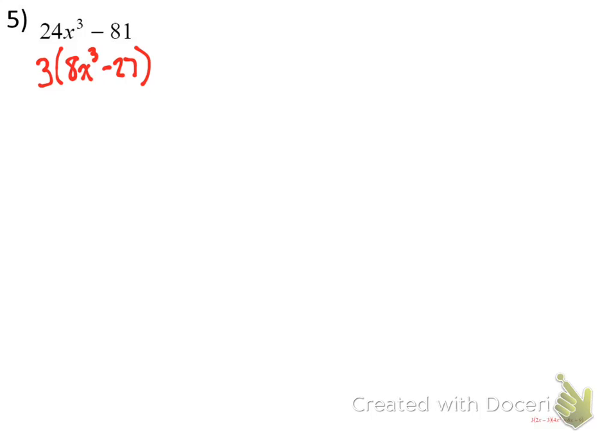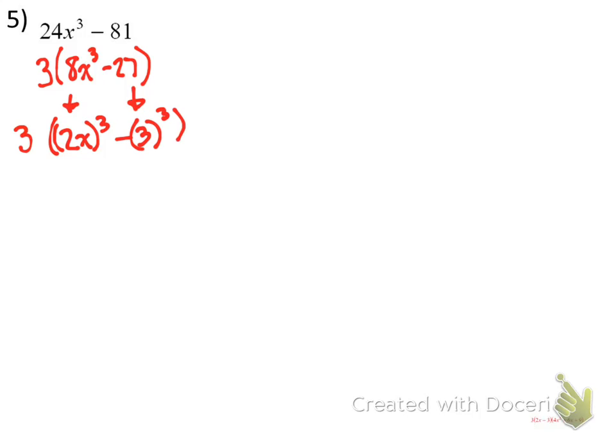Okay, so finish off my problem on your whiteboards. Ready, set, go. Okay, so on number 5, one more time. Factor out the 3. Bring down the 3 again. We know the 8x cubed is just like saying 2x cubed. We know that the 27 is like saying 3 cubed.